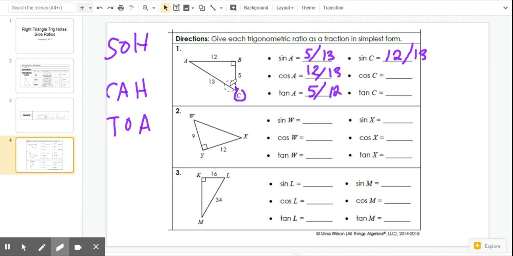Cosine of C is adjacent over hypotenuse, so the adjacent leg is 5 because that's next to angle C. So it's 5 over 13. And then tangent of C is opposite over adjacent. Opposite is 12, and adjacent is the leg that's next to it, which is 5. So 12 over 5.